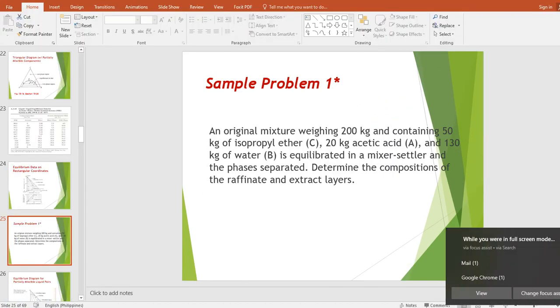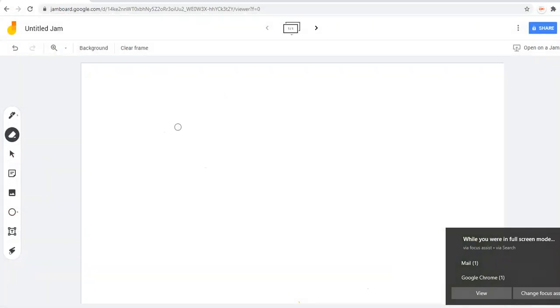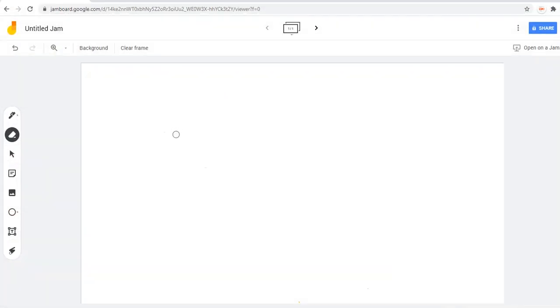What you're going to do is just determine the composition first of your bulk phase. So it's the bulk phase composition that you are interested in knowing. And that bulk phase will be letter M. So we want to determine the composition of bulk phase M.